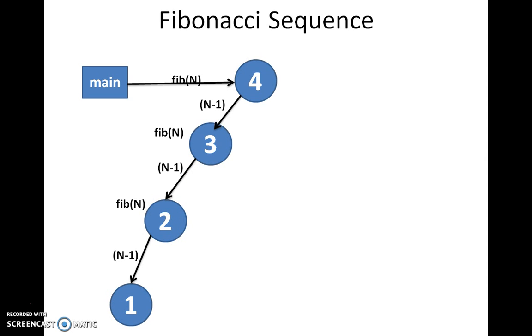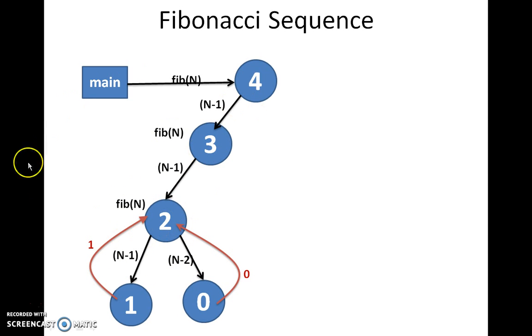Now Fibonacci of 1 reaches the base case, so it returns 1. Now n's value is 2, and we have done the n minus 1 call. The other call, n minus 2, returns 0. The addition of the values returned by Fibonacci of n minus 1 and n minus 2 is 1 plus 0, which is returned by Fibonacci of 2.